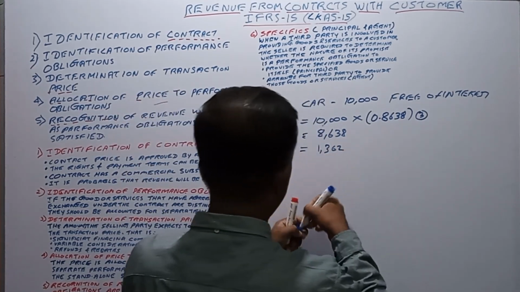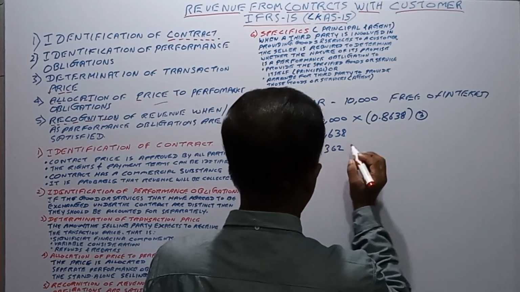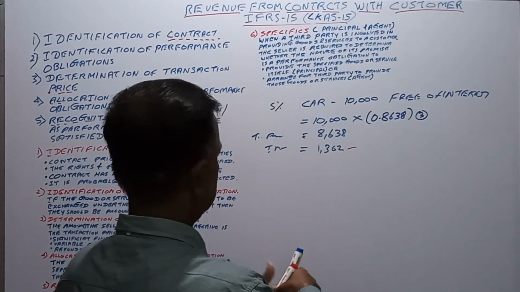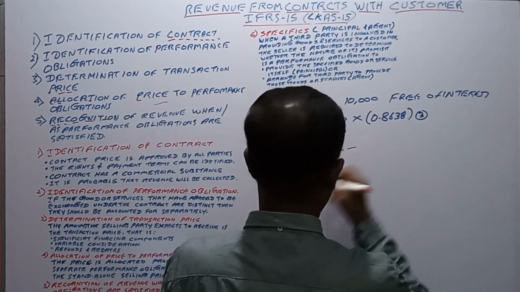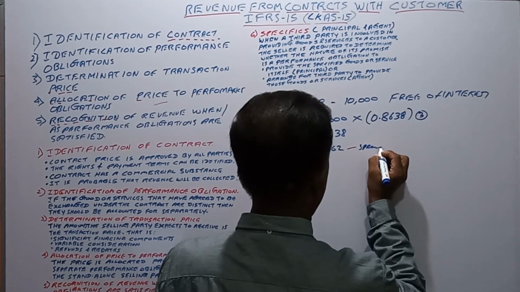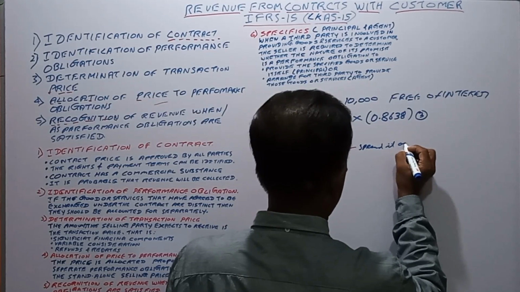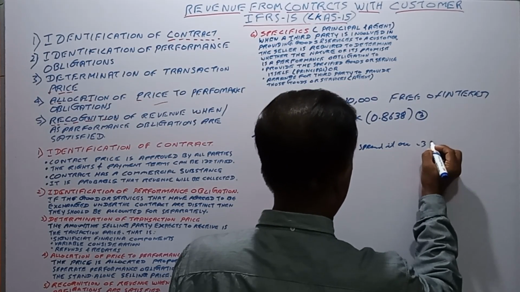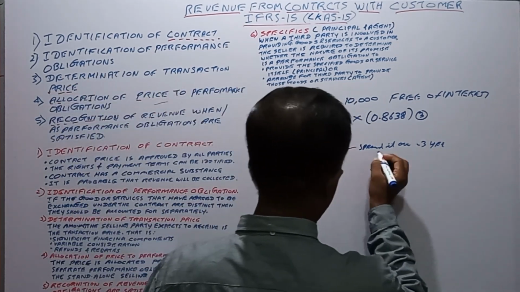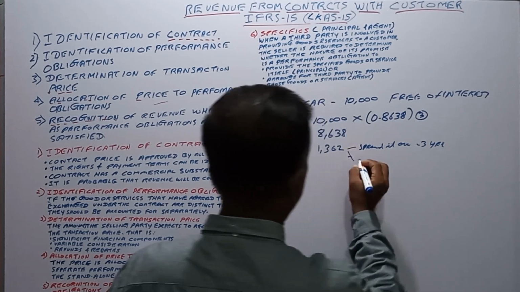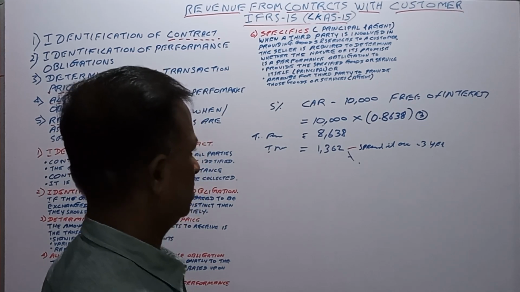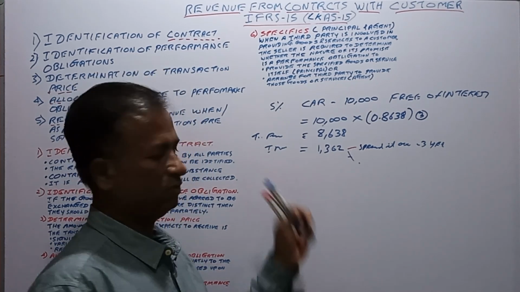This amount you have to spread over 3 years. The first year is divided by 3, and you have to show the current liability and non-current liability.